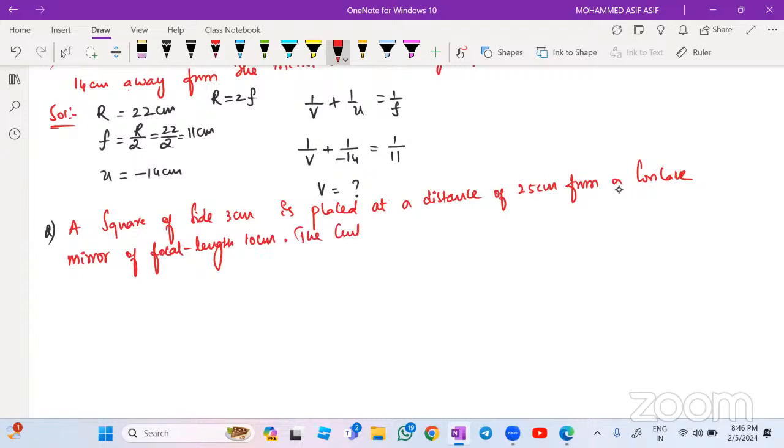The center of the square is at the axis of the mirror, and the plane is normal to the axis.